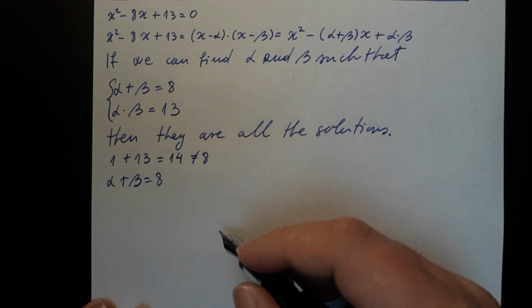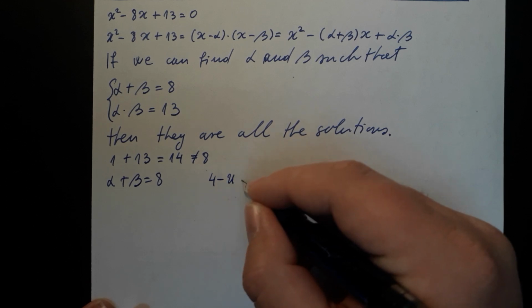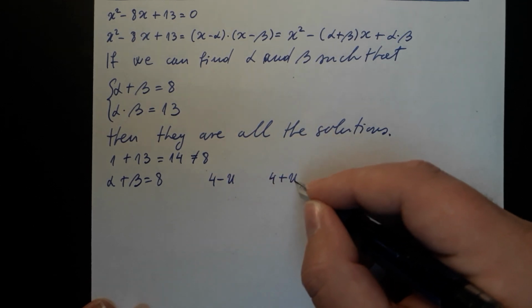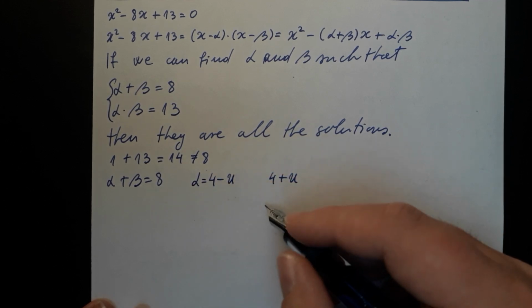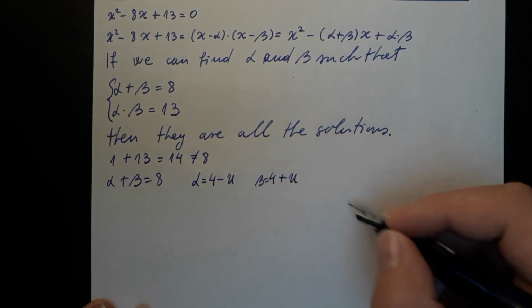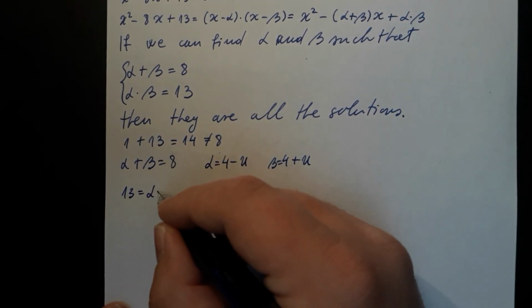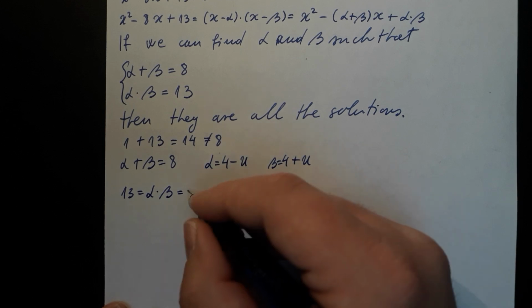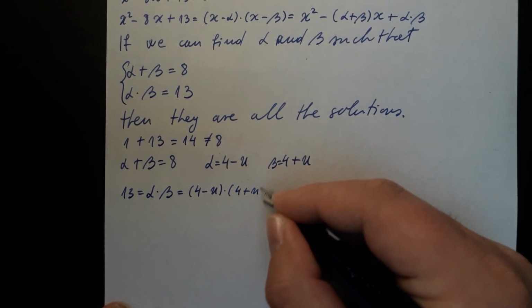So I need to find u such that 4 minus u and 4 plus u give the product. So alpha is equal to 4 minus u and beta is equal to 4 plus u. 13 is equal to alpha multiplied by beta, and this is 4 minus u multiplied by 4 plus u.